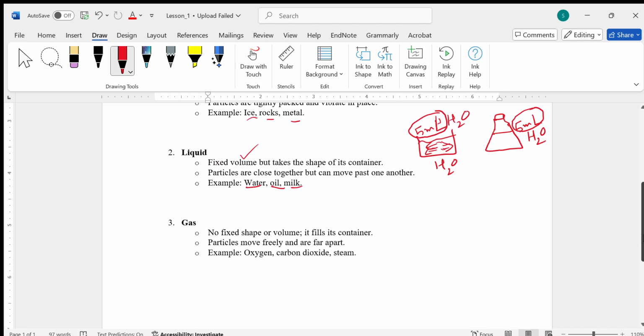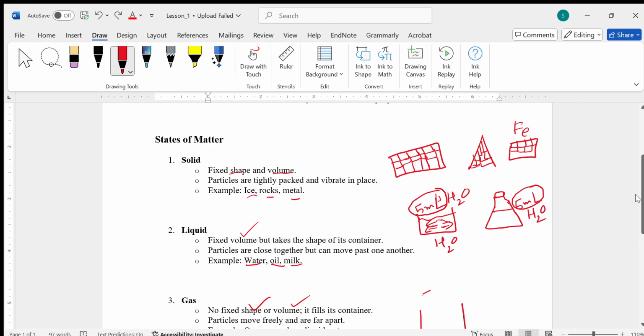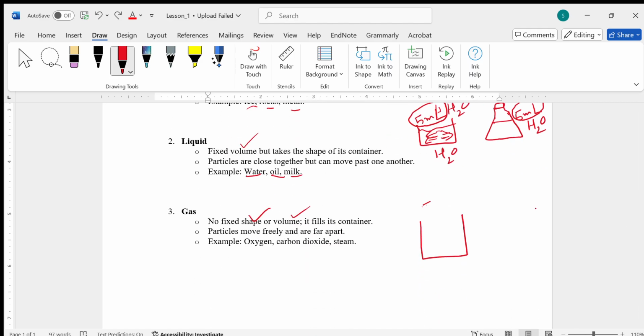So in gaseous state, there will be no fixed volume or shape. For example, suppose I give you 5 cubic meters of gas, 5 meter cube because it's 3D, and you add it to a cylinder like this, and you add it to another cylinder like this.